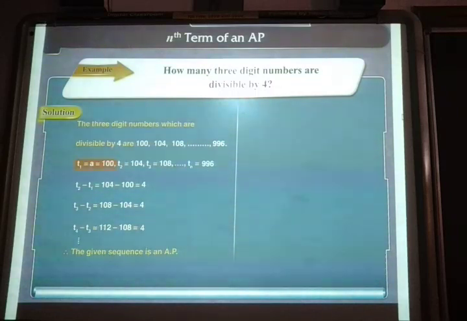Now, the first term A is 100. The common difference D is 4 and Tn is 996. We have to find the value of n.